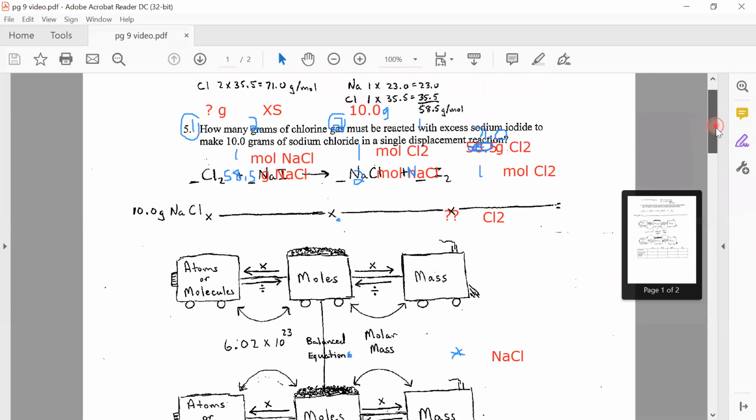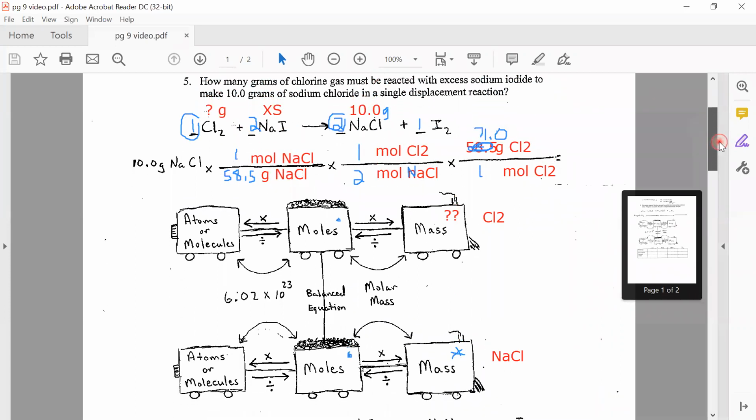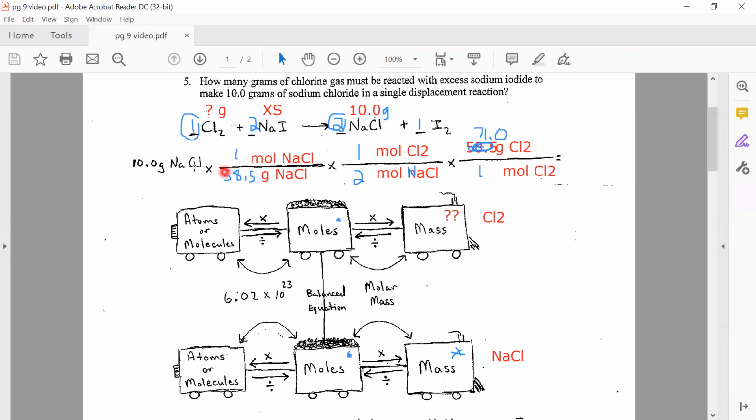So let's see if we did this right. It looks pretty good. I put the 58.5 with the molar mass of NaCl. I put the 71.0 by the Cl2. So ultimately 10 divided by 58.5, divided by 2, times 71, and I end up with the value of 6.07 grams.